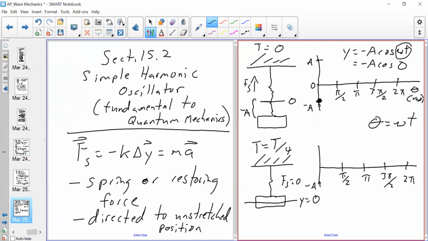So a negative A. And now the function will be y equals negative A cosine pi over 2. Angle theta now is not 0, it's pi over 2, and then pi, then 3 pi over 2, and 2 pi. And now it's space and time we talked about yesterday. Even though I don't label these in terms of time, this is going to be T over 4, T over 2, 3T over 4, and T full period.